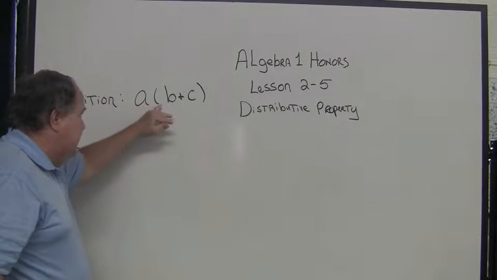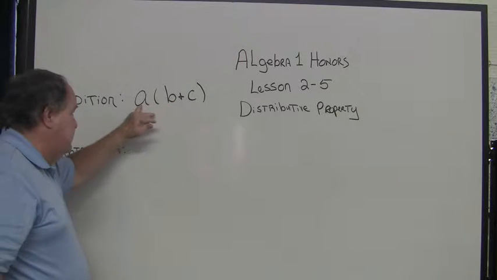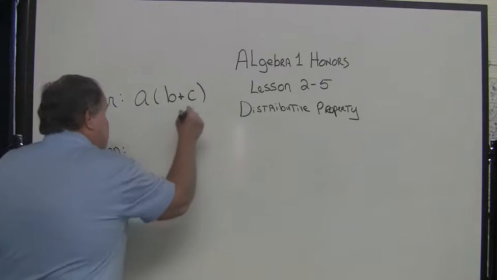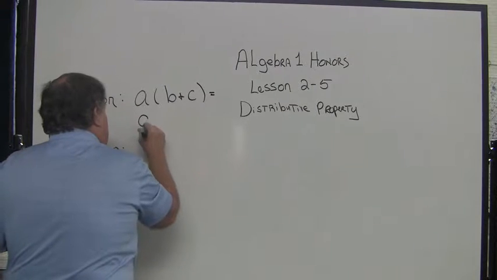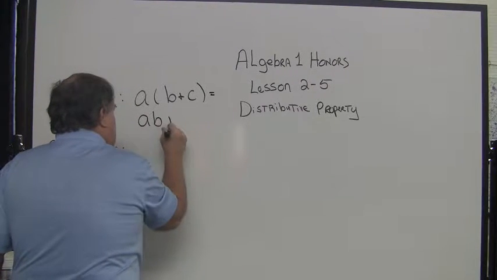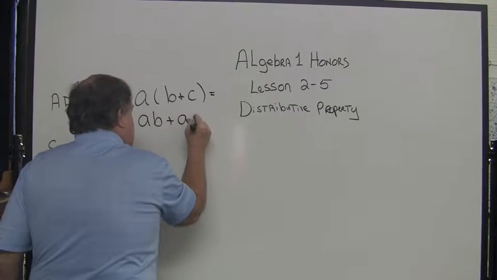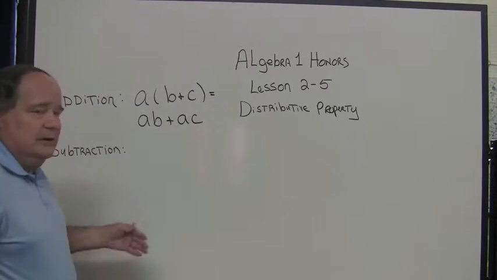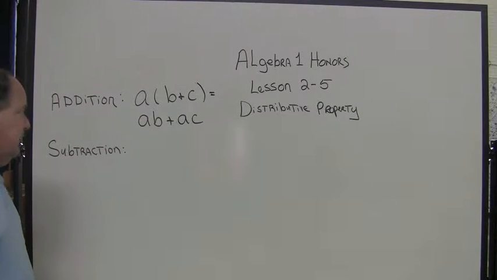So it's going to be A times B plus A times C. So this will equal AB plus AC.